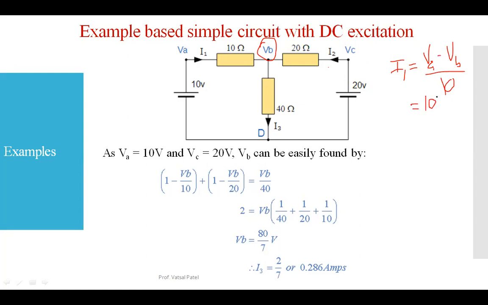What is VB? It is 80 by 7, divided by 10. So can you identify what is the value of I1 here? It is 10 minus 80 by 7, divided by 10. So can you identify the I1 current here?